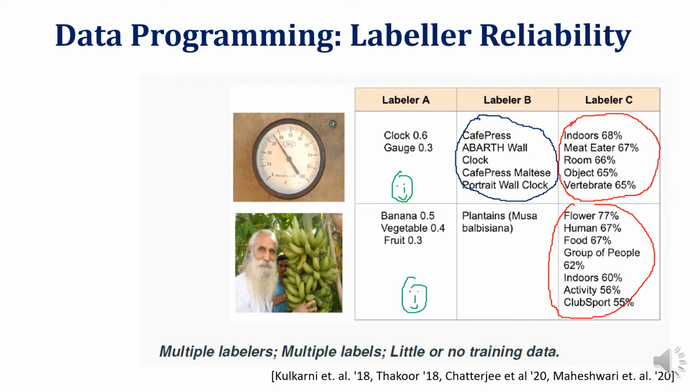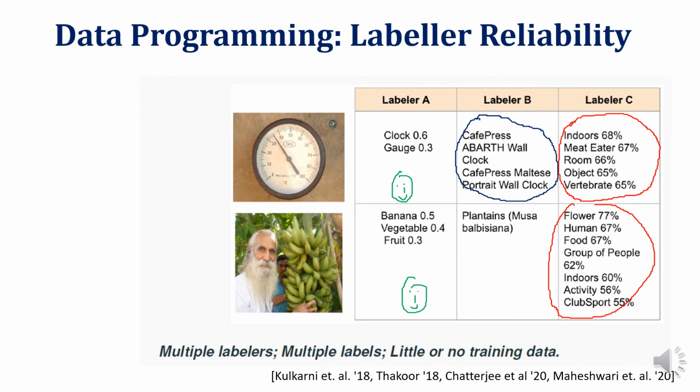It's also possible that some of them are humans or weakly trained classifiers based on small amount of human labeled data. Now what we find is that with multiple labelers, if you had multiple labels as well and little or no training data, it becomes very important to estimate labeler reliability.